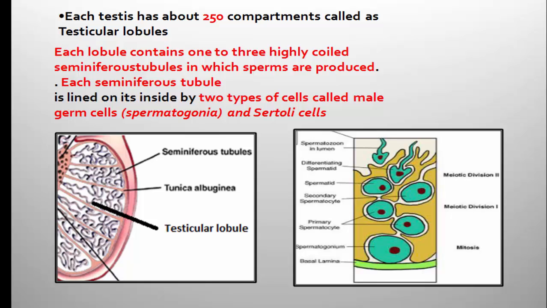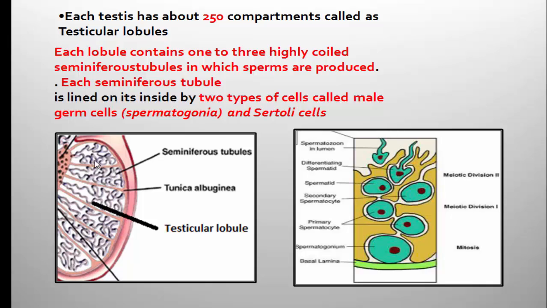Each lobule contains 1, or 2, or 3 highly coiled structures called seminiferous tubules, in which sperms are produced. So here this compartment represents a testicular lobule.